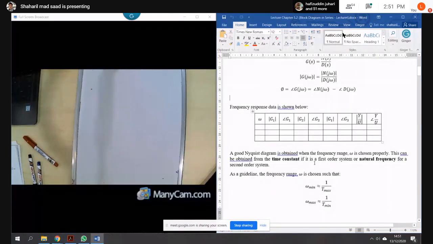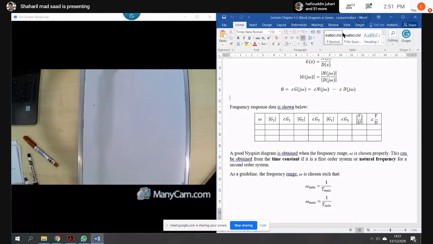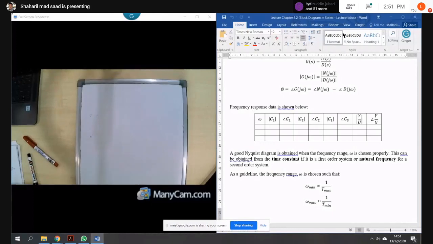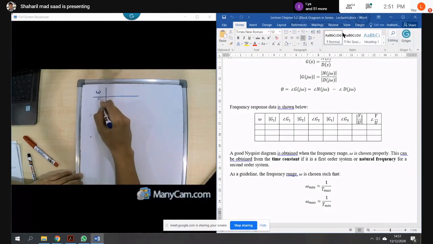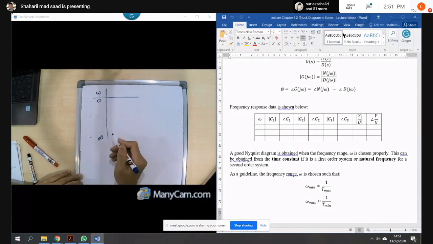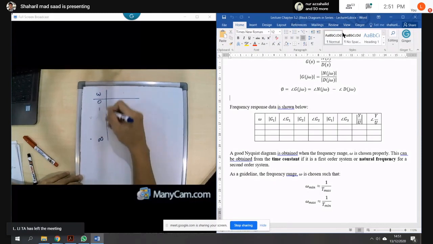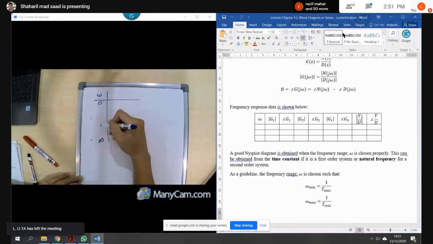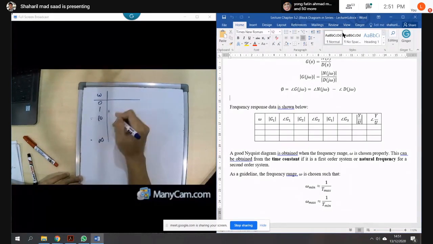In order to obtain the Nyquist diagram, we need to plot for different frequencies, for omega starting from 0 to infinity. So between these, what value can you choose? Can you choose 1 or 10 and so on?